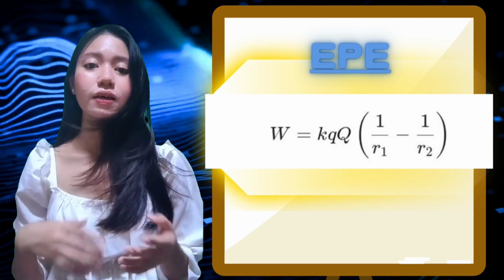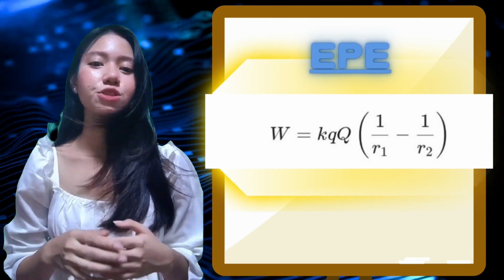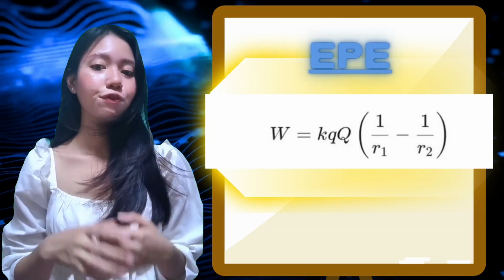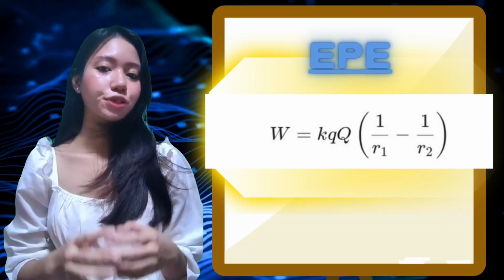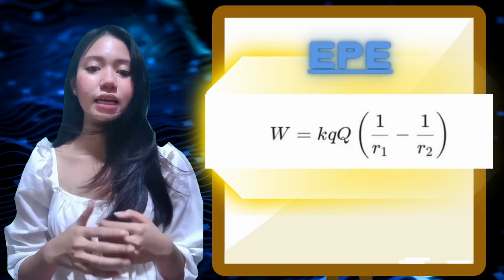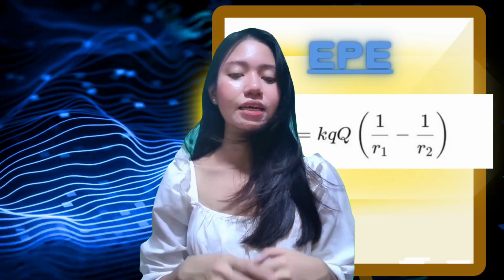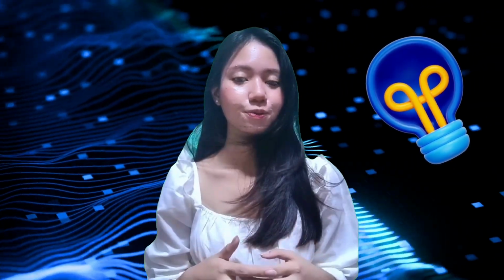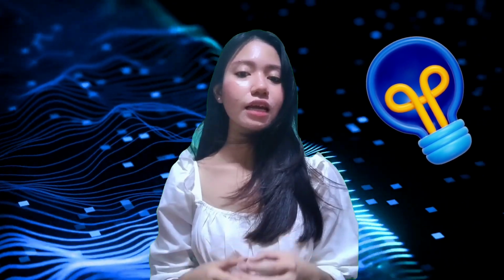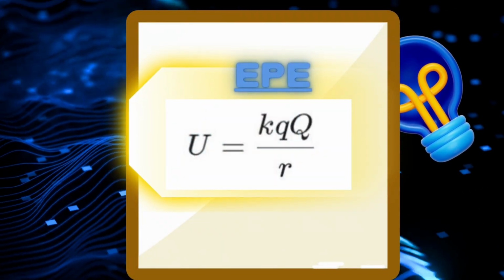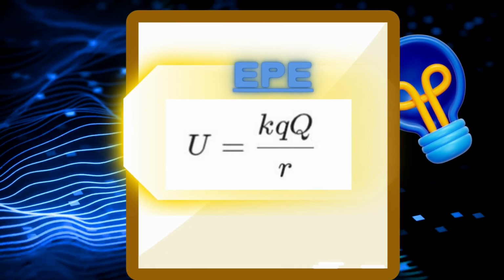Now, here is the crucial connection: since the change in potential energy is defined as the negative of the work done by a conservative force, represented here as delta U equals negative W, we can define the electric potential energy at any specific distance r. By assuming the energy is zero at an infinite distance, we arrive at our core formula, U equals kQq over r.